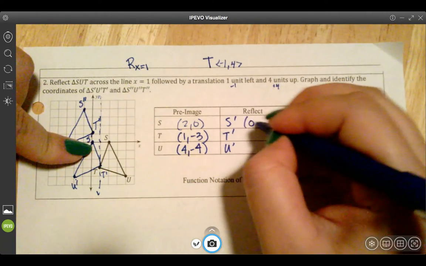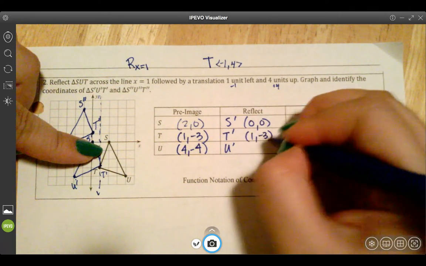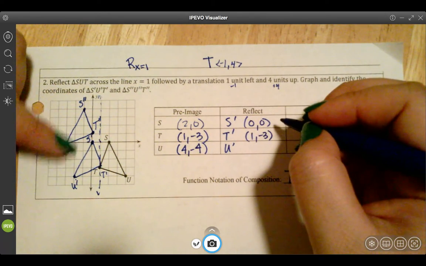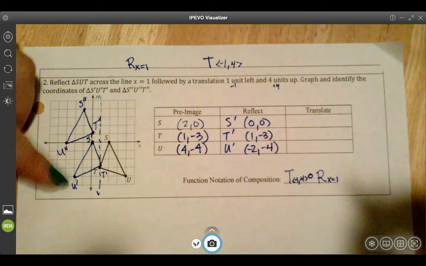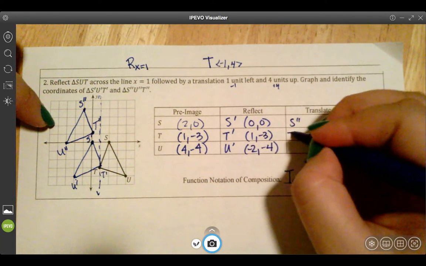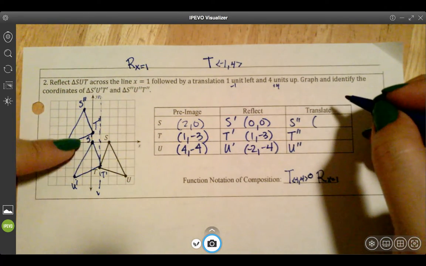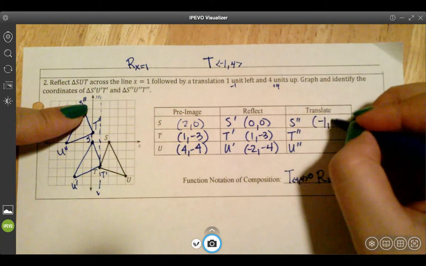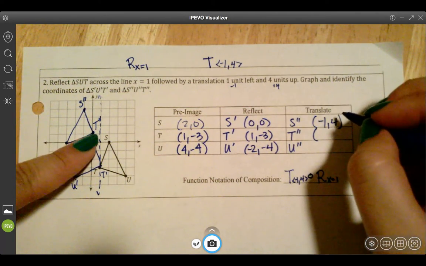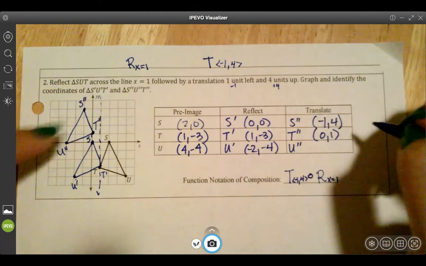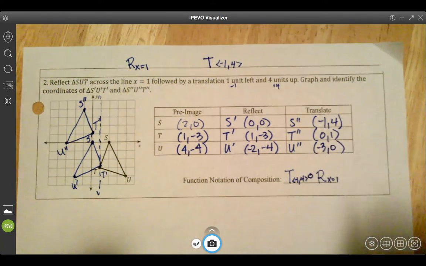S is at the origin. T is 1, -3. And U, -2, -4. And then after the translation, S double prime, T double prime, U double prime. S is at -1, 4. T double prime, 0, 1. U is at -3, 0.